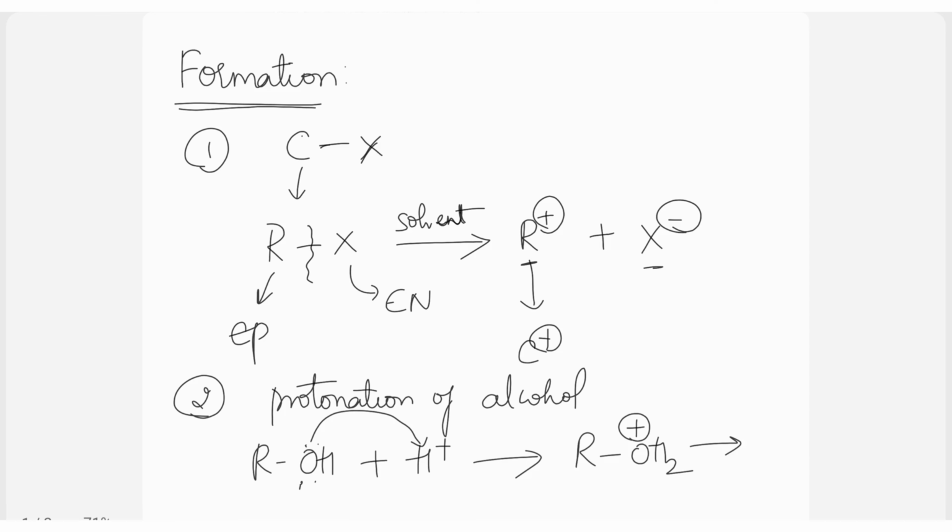Now this is unstable, so it results in the formation of R plus plus H2O. Now this is your carbocation. This way carbocations are generated. Now this carbocation will not stay for a long time. It is going to combine with some other nucleophile and turn into the product. So these are the few examples where we can see the carbocation formation.